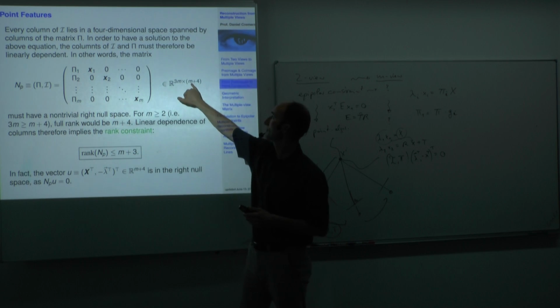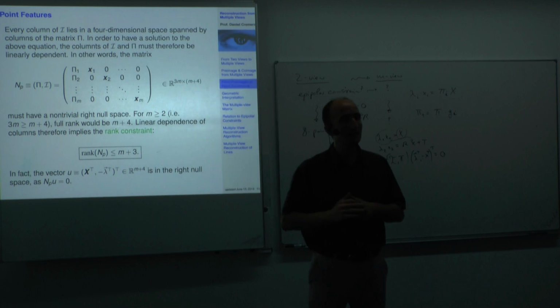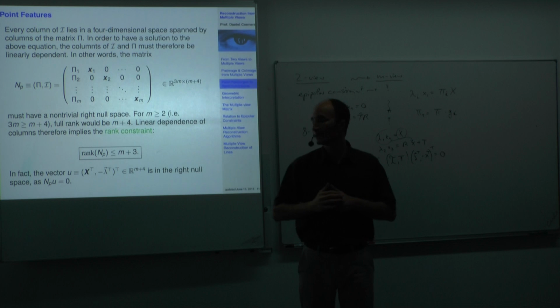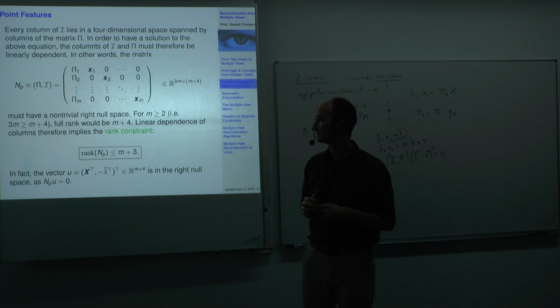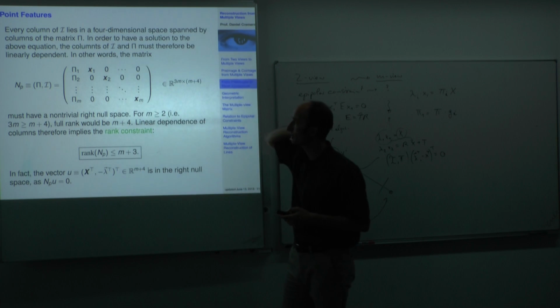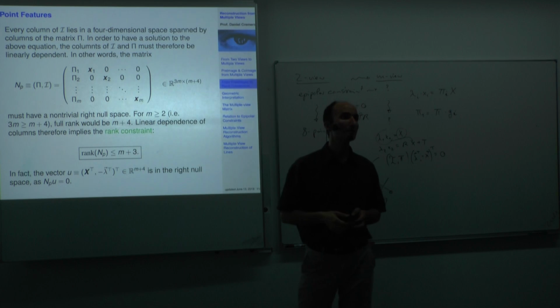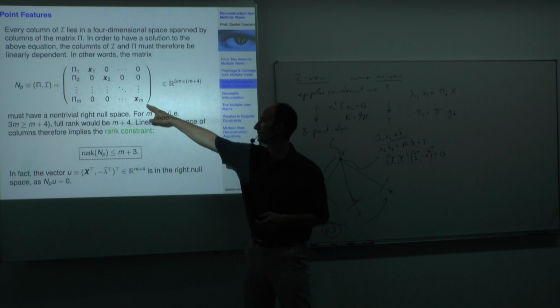It can be at most m plus 4, so it means there is a rank deficiency. It means there is a non-trivial null space, and that's all we're saying. And so you see that in a similar fashion to the epipolar constraint, we have now a constraint on the camera motion with the known 2D coordinates.